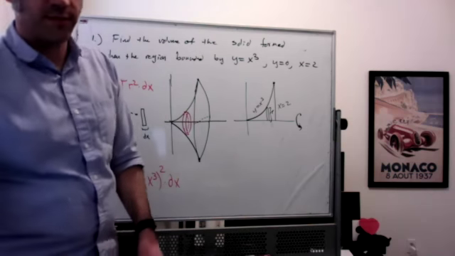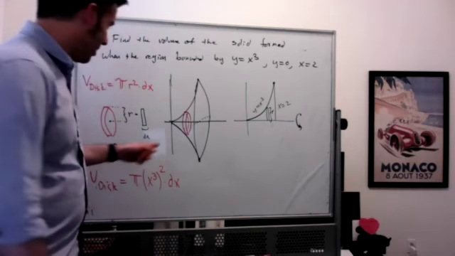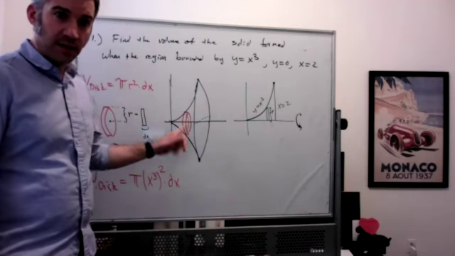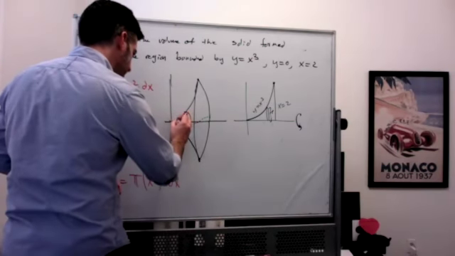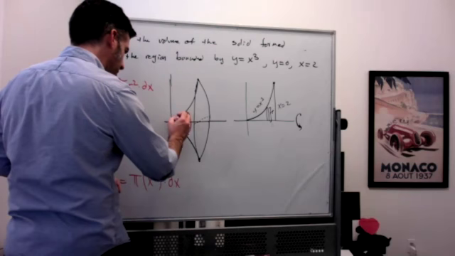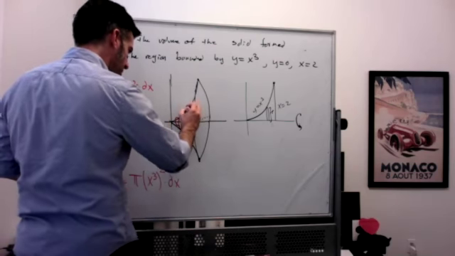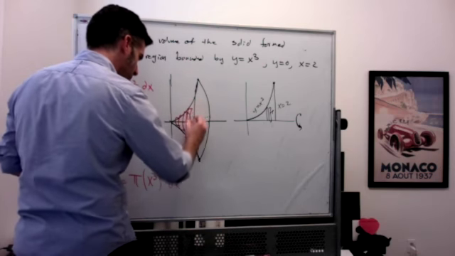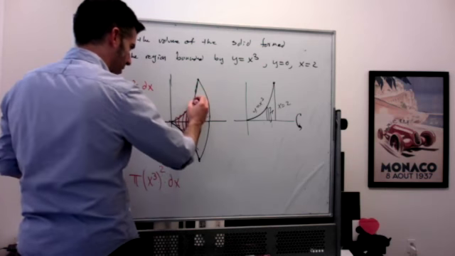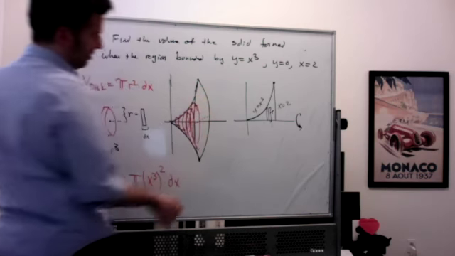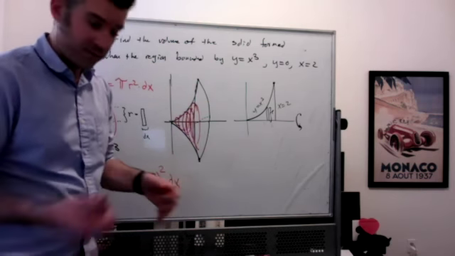All right, and then the whole idea is that I don't want the volume of just that one disc. I want the volumes of all the discs added up together, which is going to be hard for me to draw. Hopefully you get the idea. If we're trying to add up all the discs, we're going to use an integral.